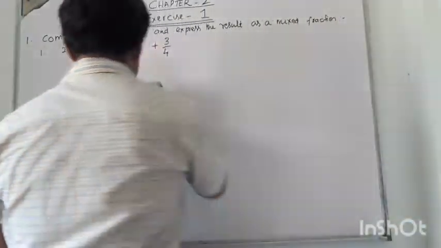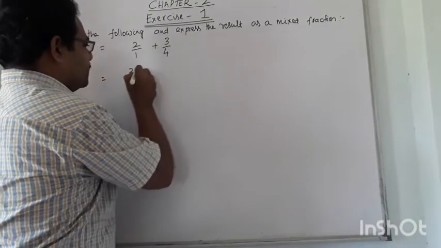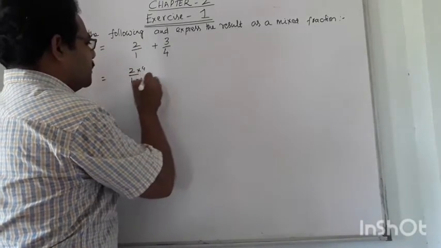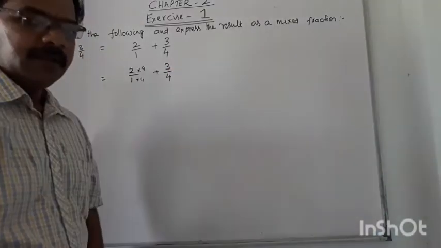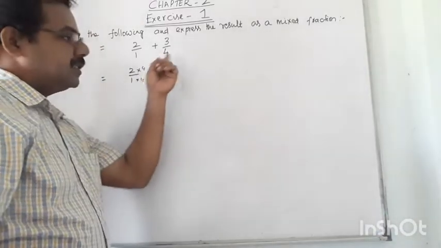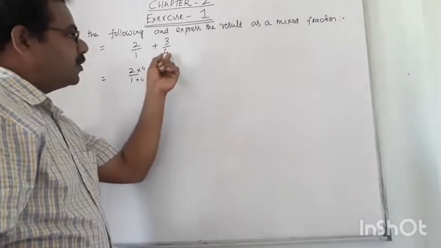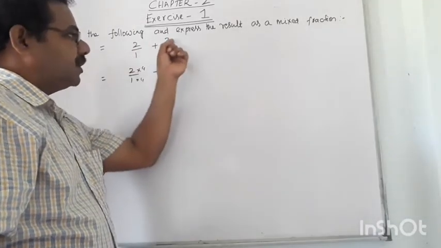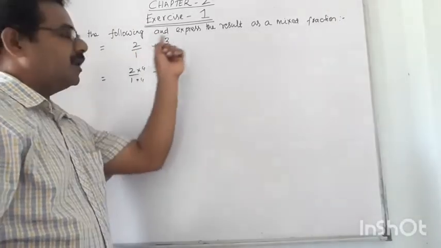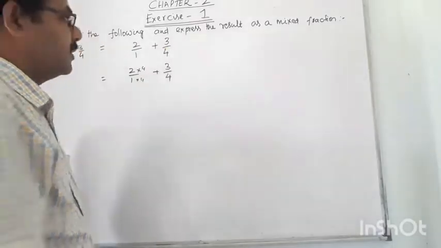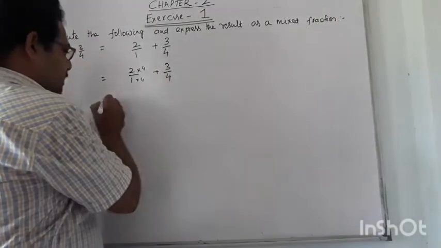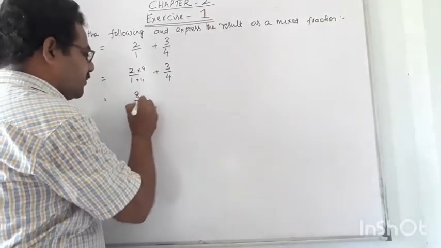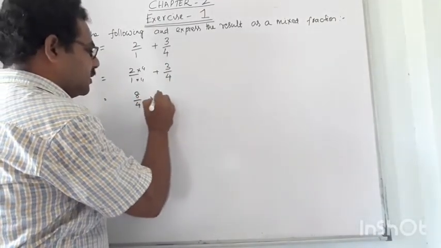The first fraction is 2 by 1 into 4, plus 3 by 4. The second fraction we did not change anything; for the second fraction also 4 is the denominator. Multiplying by 1 or not, we get the same 3 by 4. So this is equal to 8 by 4 plus 3 by 4.